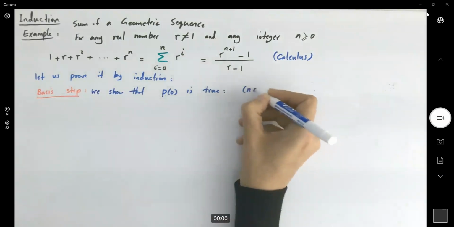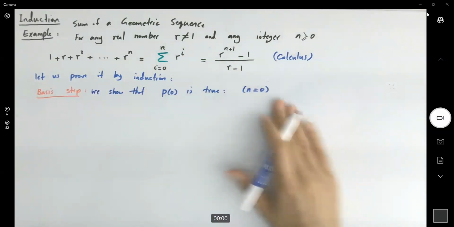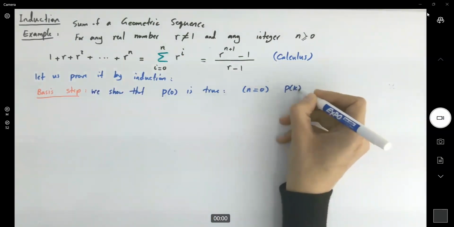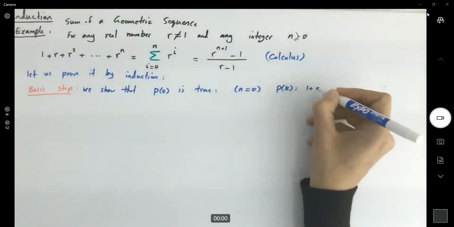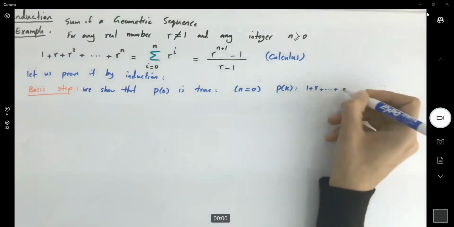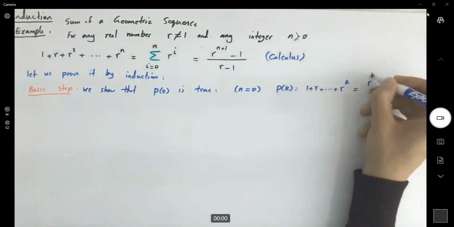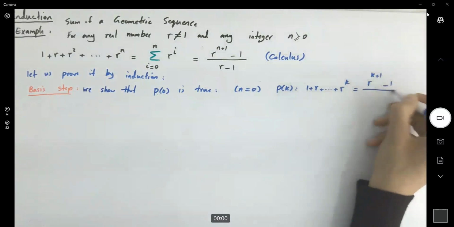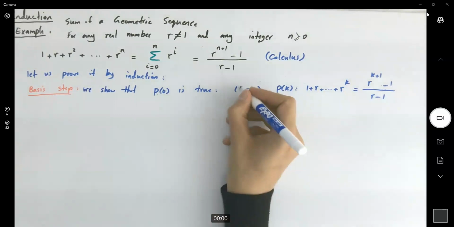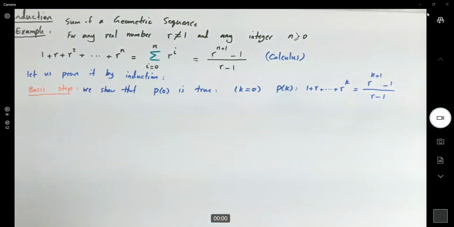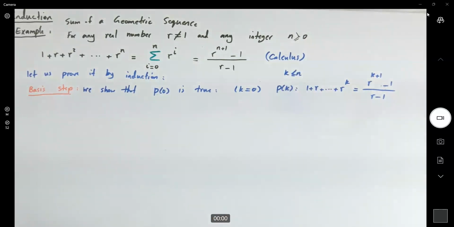So n is equal to 0, and Pk in this case says that 1 plus r plus up to r to power k equals r to power k plus 1 minus 1 divided by r minus 1. Or you might say that k is equal to 0, k is any number less than or equal to n.